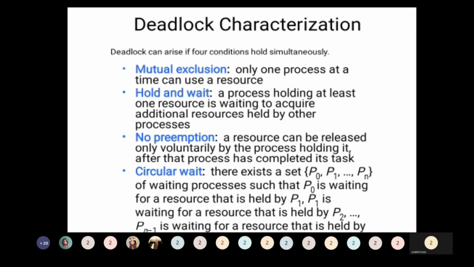Pn minus 1 is waiting for a resource that is held by Pn, and Pn is waiting for a resource that is held by P0. So like this, if a set of processes are waiting for a resource that is held by other processes, then we call this condition a circular wait. This may also lead to a deadlock.